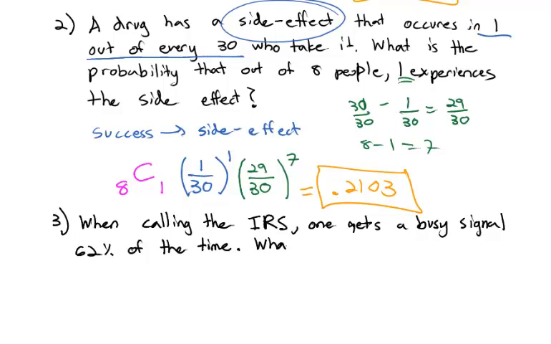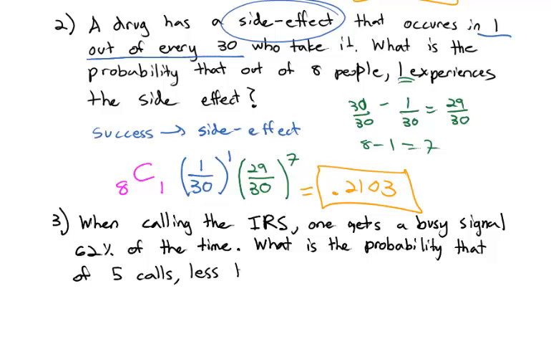What is the probability that out of 5 calls, less than 2 receive a busy signal?